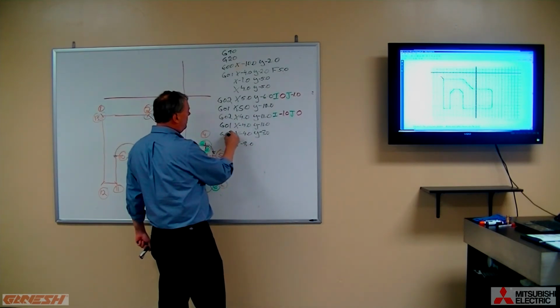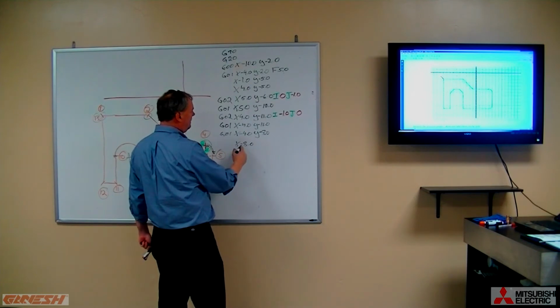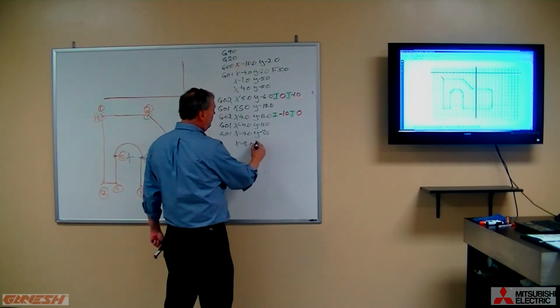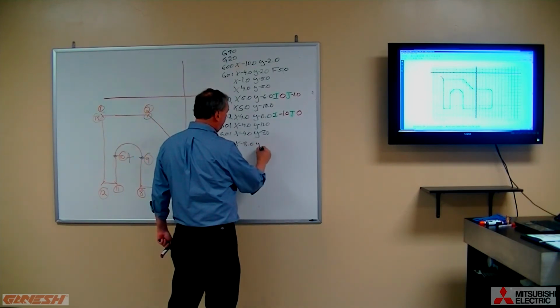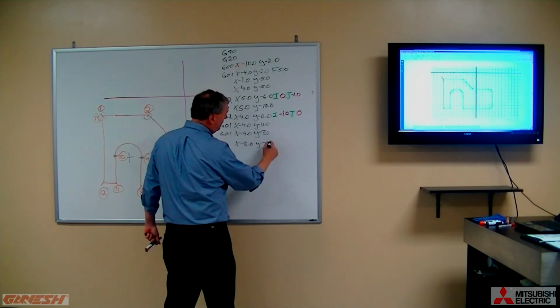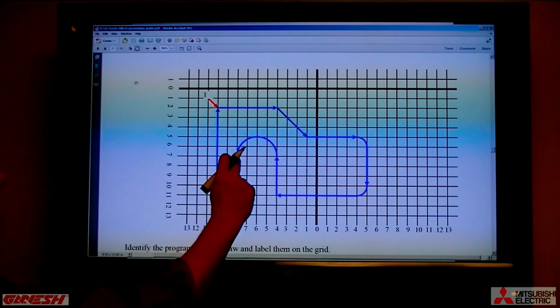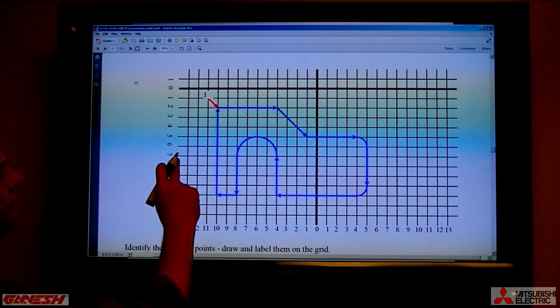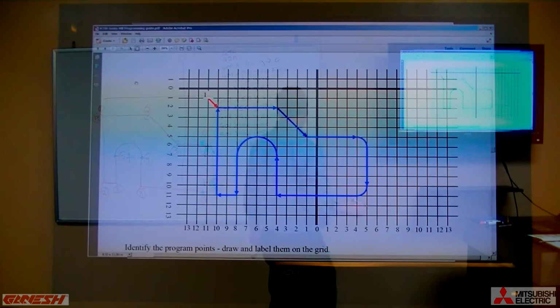This is the G01 here that got us to that point. And the y value is also minus 7.0. Okay, double check it. There's our y value, 7.0 on the minus side.